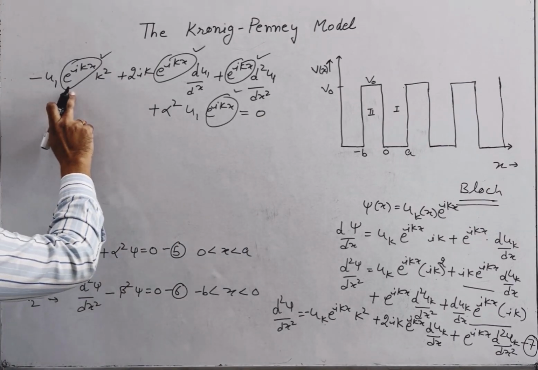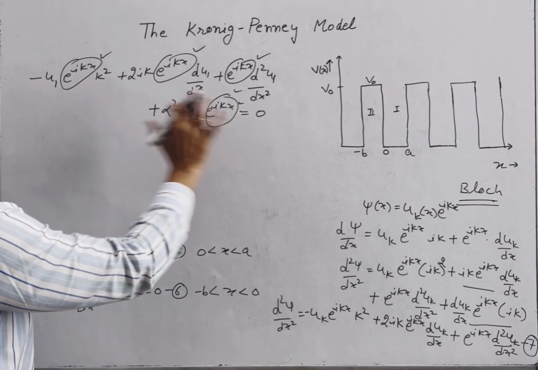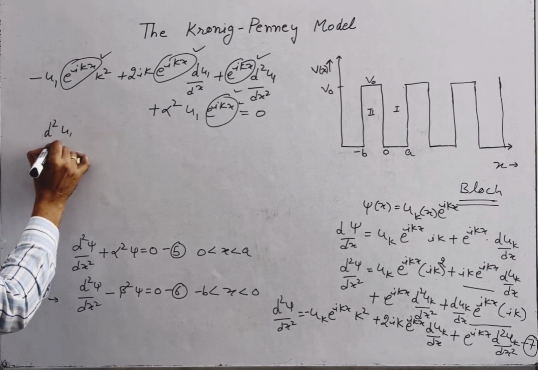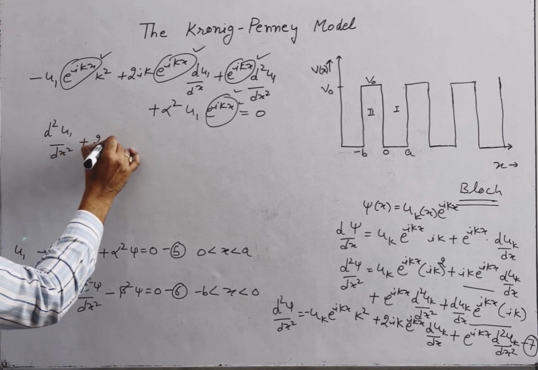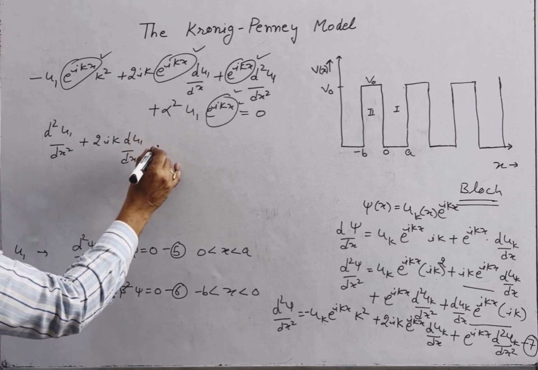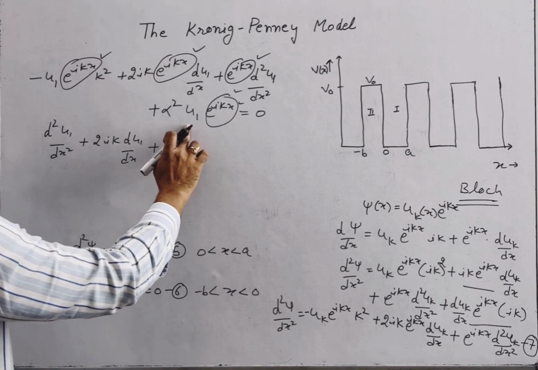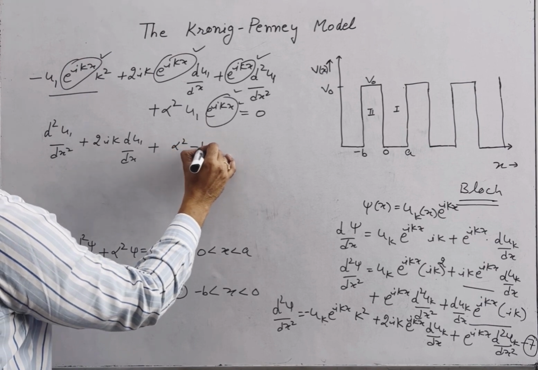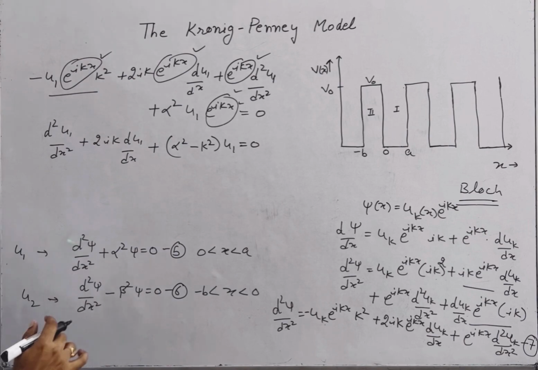This u1 is also a function of x, and this will be equal to 0. The e raised to power iota kx term is common everywhere, so we leave this term and we get d2 u1 upon dx square plus 2 iota k du1 upon dx plus, from here and here, alpha square minus k square u1 equal to 0.